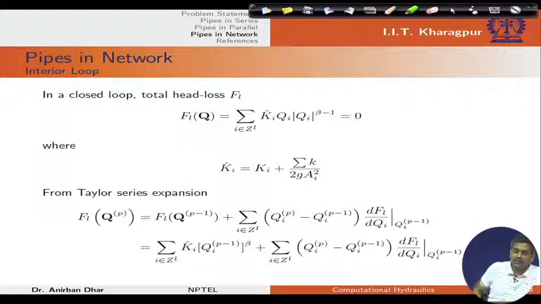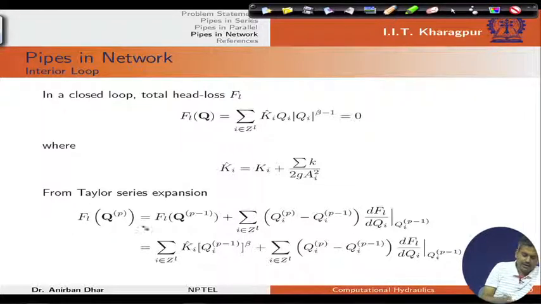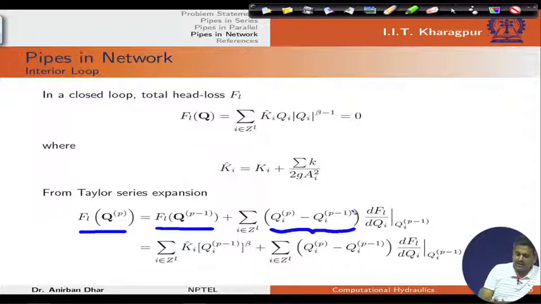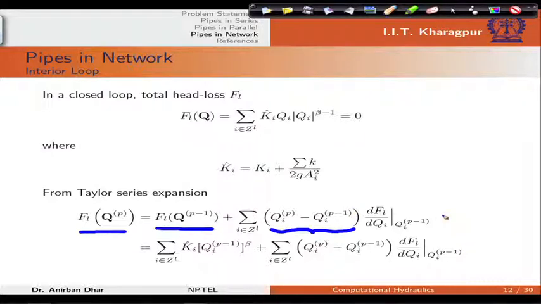In Newton-Raphson also we have used multivariate Taylor series. In this case we have a single function, but multiple variables. So, if we approximate it up to first order, obviously this should be multiplied by the difference in discharge values between two consecutive iteration steps. P is the future iteration step, and P minus 1 is the present iteration step.